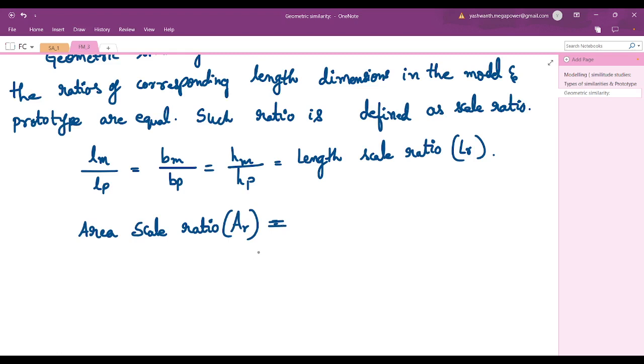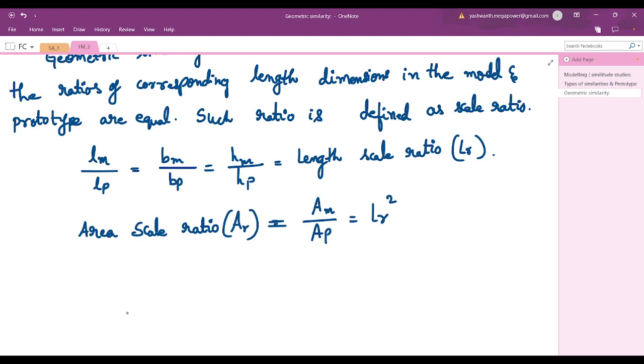Therefore, here I can write the area scale ratio, area of the model by area of the prototype, as LR square. Can I write like this? Here LR represents the length scale ratio, squared. Clear?